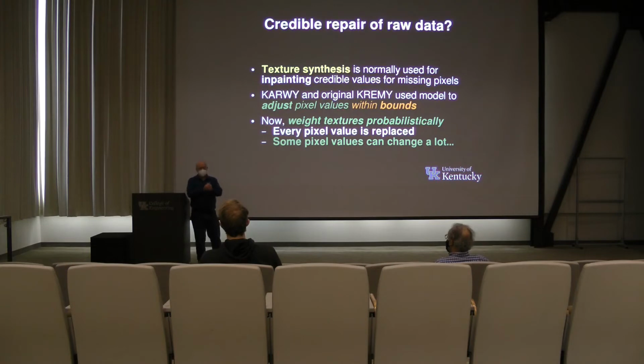So you can think of doing texture synthesis for each pixel in the image removed with all the other pixels intact. And that's how we generate our noise removed image. Now, some pixels change a lot, but when they change a lot, they only change a lot because they had a very good probabilistic justification for changing a lot. So that's actually a big win.